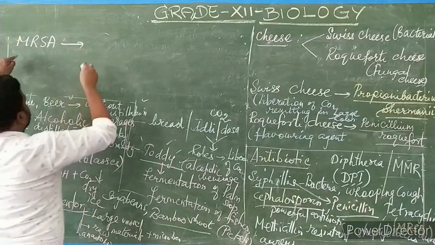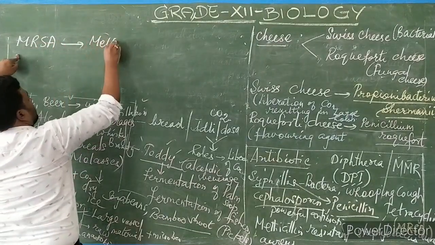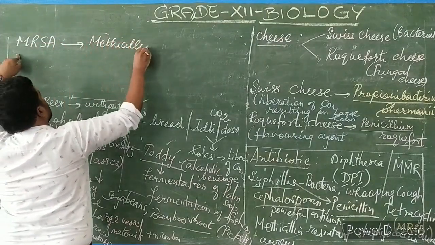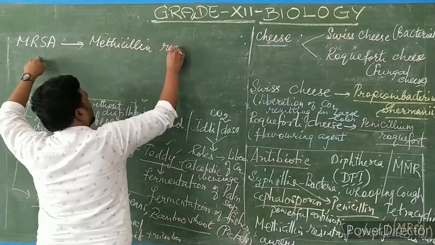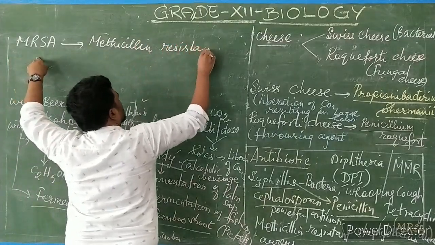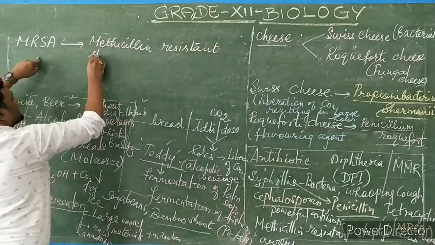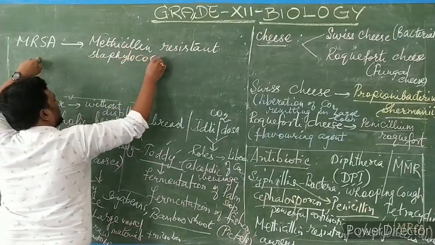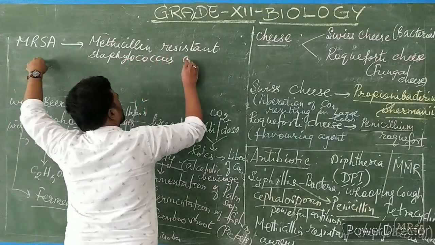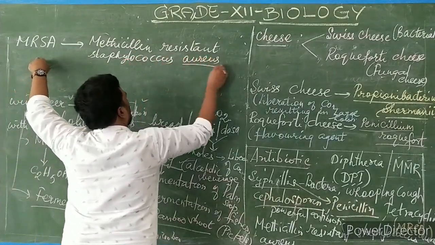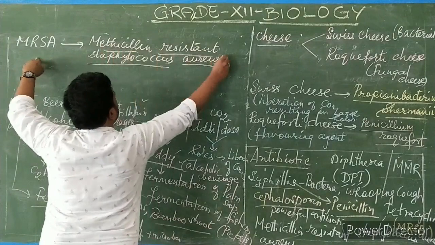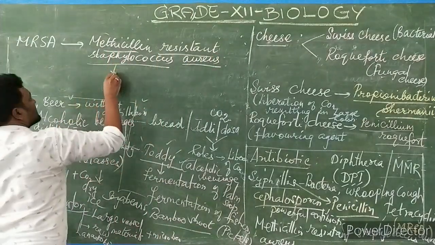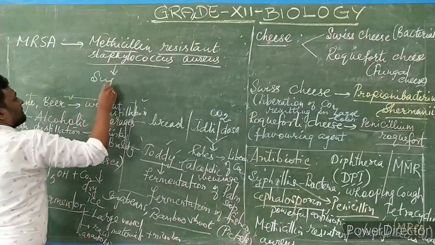I have written there methicillin resistant bacteria, Staphylococcus aureus, and it is widely used as the superbug.